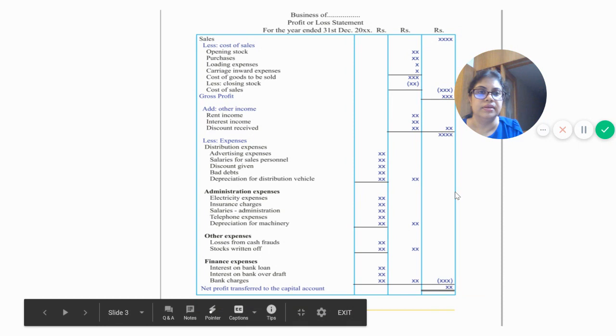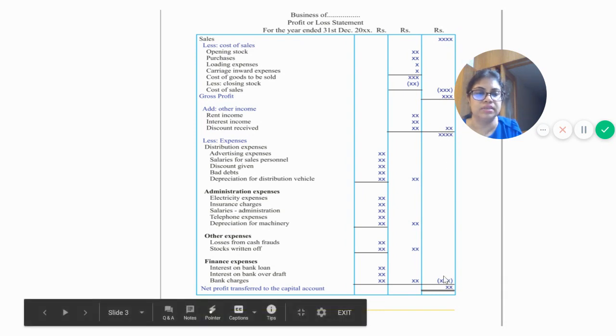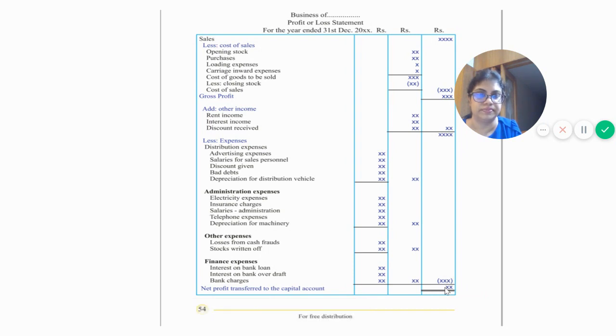Then to the gross profit, we'll add the other incomes, thereby you will get the total income of the business. From that, you deduct the total expenses, and thereby you will end up with the net profit.